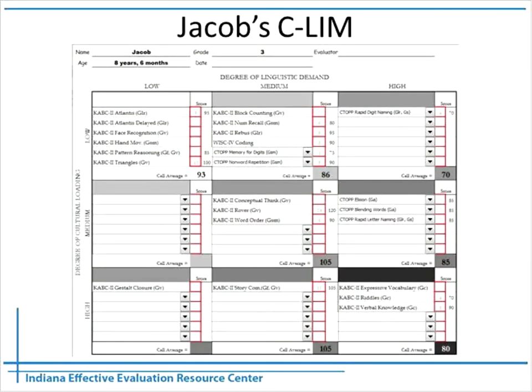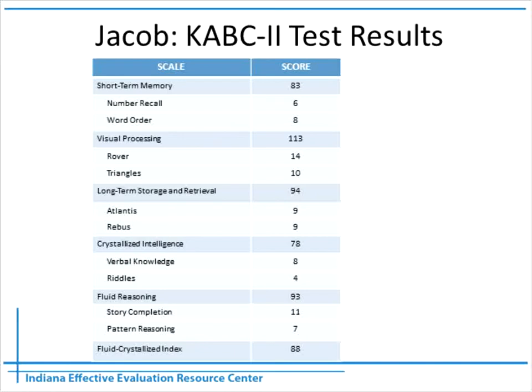I'm not going to worry about it, which means the only area in which he actually did demonstrate some difficulty happens to be short-term memory. Visual processing, we're okay. Long-term storage and retrieval, we're okay. Fluid reasoning, we're okay. It really seems to be a short-term memory kind of difficulty.